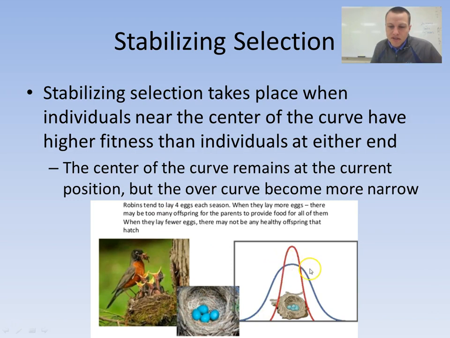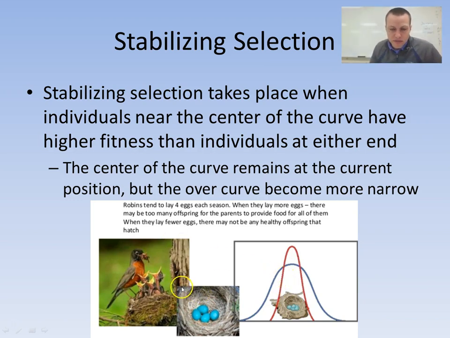So we can see that this is the bell-shaped curve here, and the phenotype in the middle that occurs more often is selected for even more, and we see this very steep peak in the middle here, selecting for this characteristic, and nothing really goes outside of that. So they kind of stick right in the middle there.